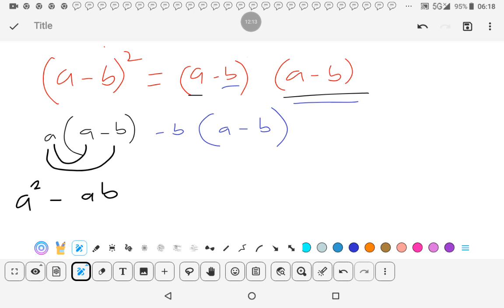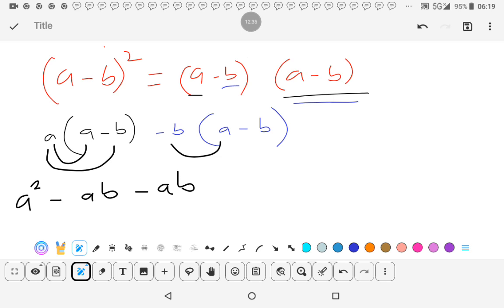Then again, you multiply minus b times a, it will give you also minus ab.